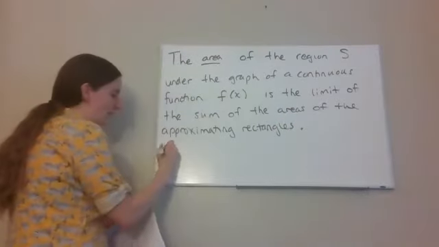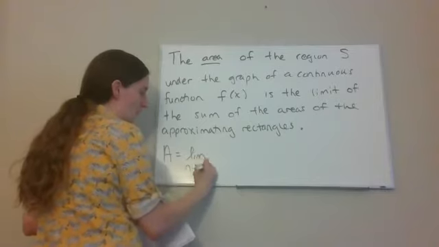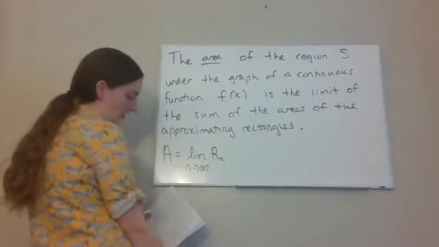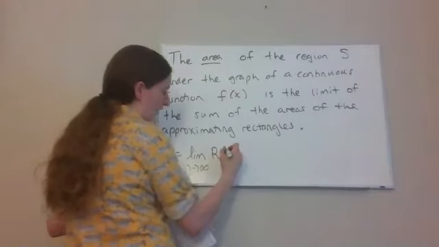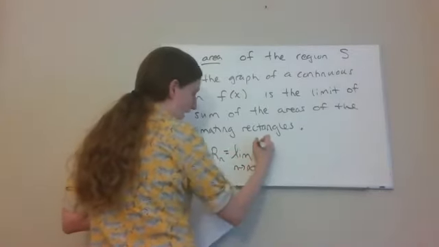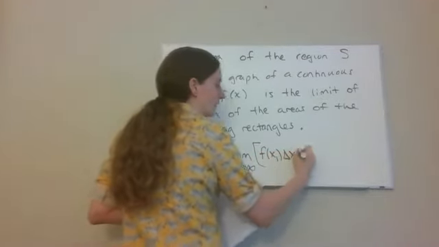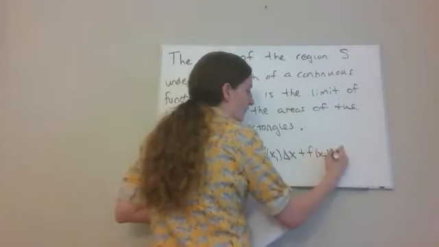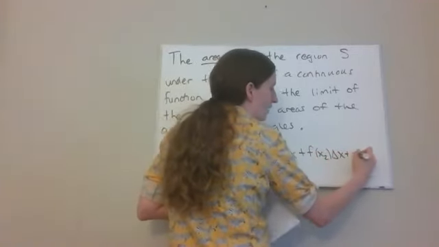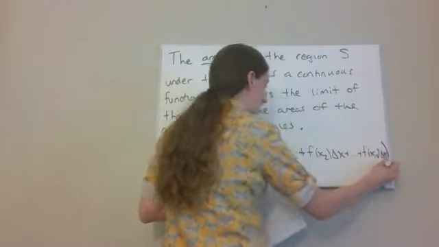That is, my area is equal to the limit as n approaches infinity of that Rn that we already defined. The limit as n goes to infinity of f of x1 delta x plus f of x2 delta x all the way through f of xn delta x.